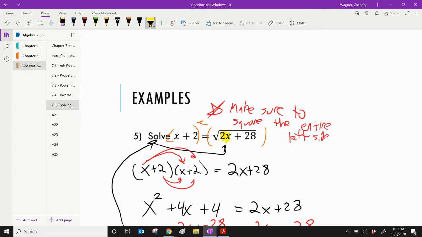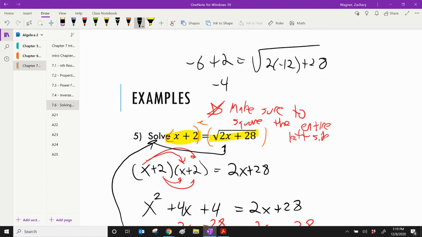But when you plug in negative 6, look what happens. 2 times negative 6 equals negative 12. Negative 12 plus 28 is 16. The square root of 16 is 4. However, when you plug in negative 6 on the left-hand side, negative 6 plus 2 is negative 4. The square root of 16 does not equal a negative value. This is where bad things happen.